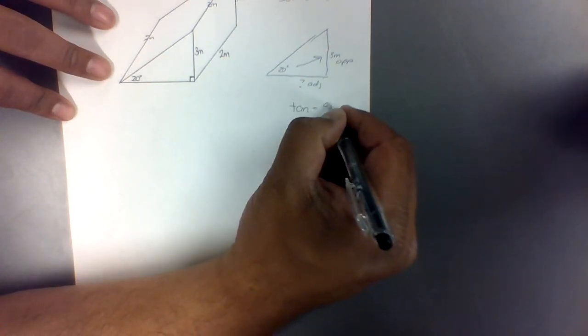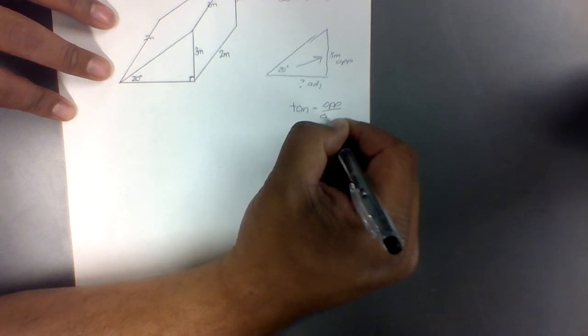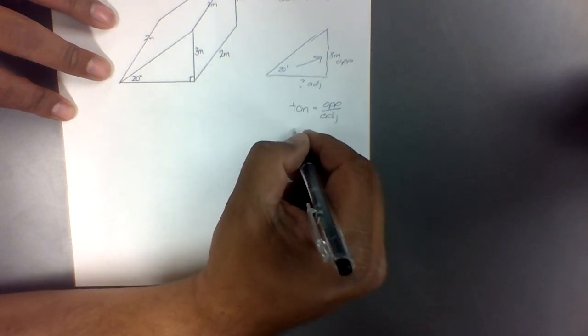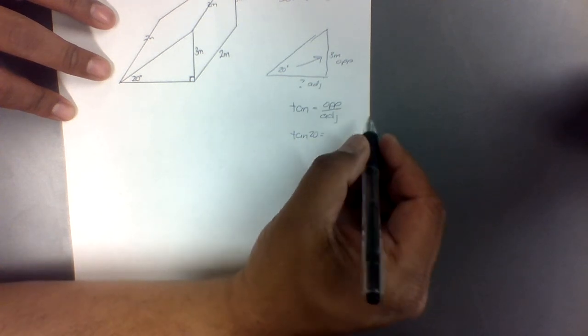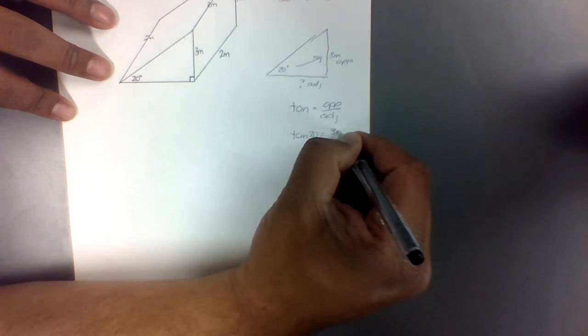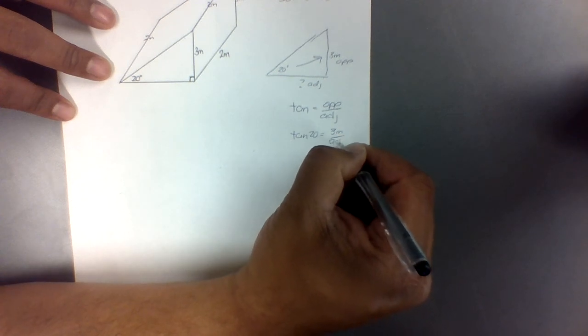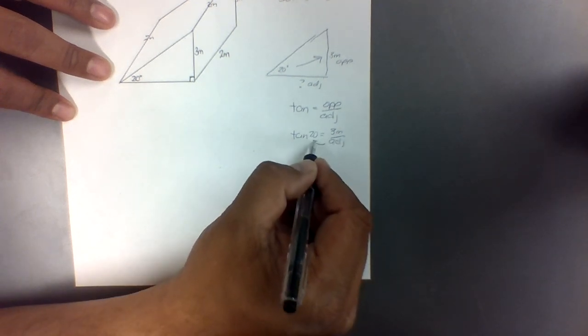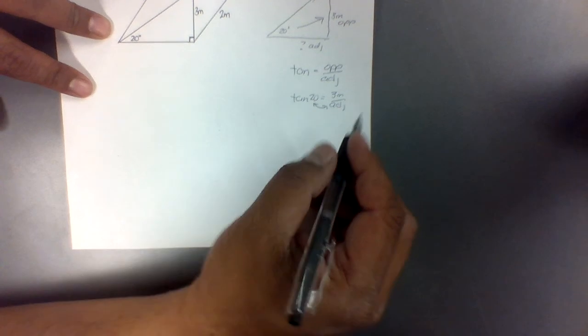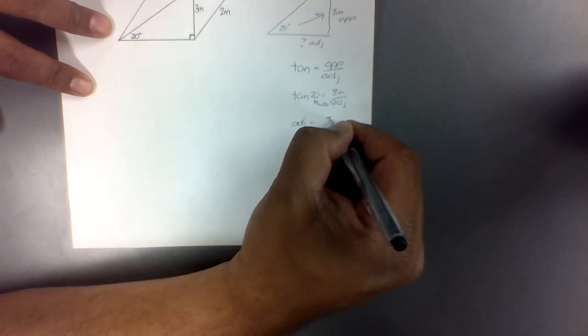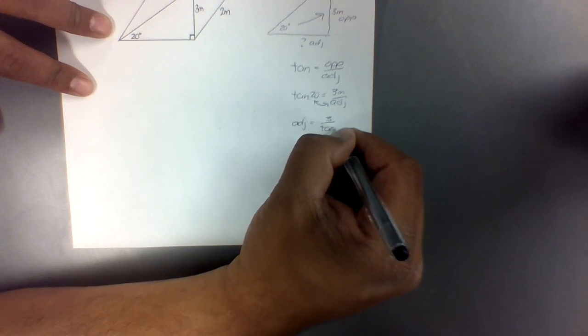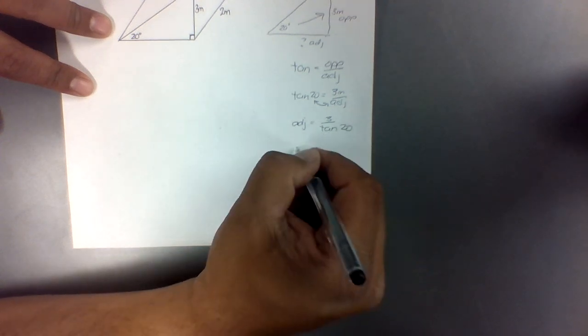Tangent equals opposite over adjacent. The tangent of 20 degrees equals 3 meters over our adjacent. We know these two can switch. So it's going to be the adjacent equals 3 divided by the tan of 20. All right, we calculate that according to our calculator.